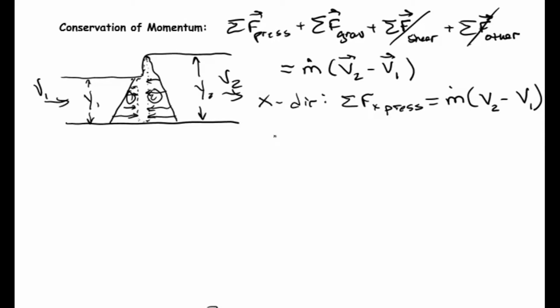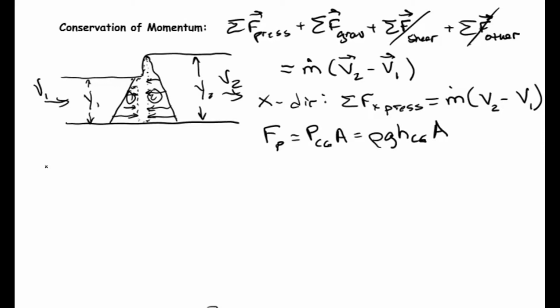So also from statics, if you remember, F pressure was just equal to P at the center of gravity times A, which was equal to rho g h_CG, that's our pressure at center of gravity, times our area. Okay, so we're going to have one of those at 1 and one of those at 2.